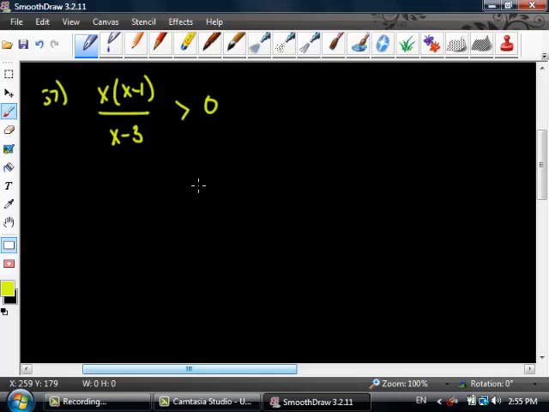Everything is simplified, and it is greater than 0. There's a 0 on the other side. So from here, we can jump straight for those critical numbers. Remember, we were identifying critical numbers up top and on bottom. The critical numbers up top were 0 and 1. The critical numbers on bottom are 3.